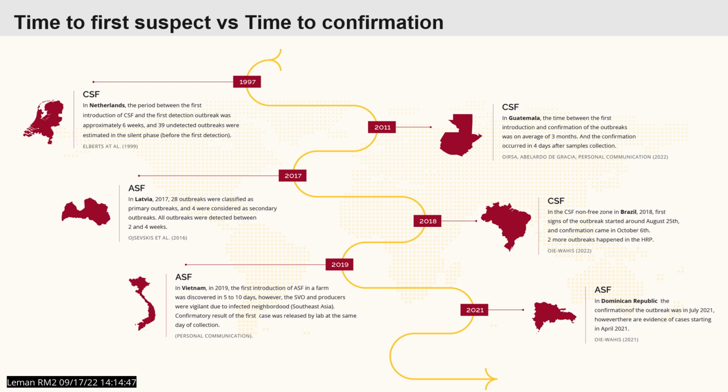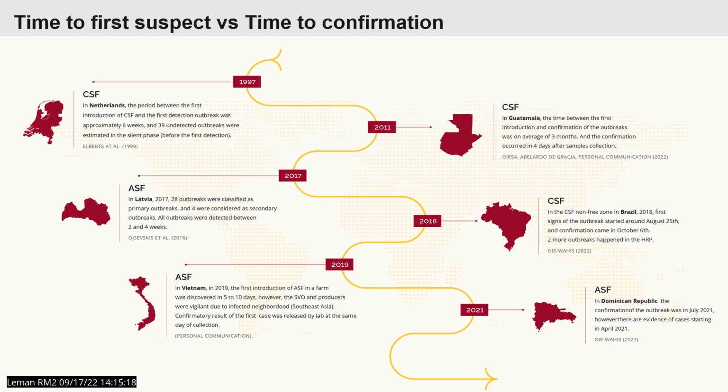So that's quite uncertain, and this is a busy slide, but basically what's showing is a number of examples for classical swine fever and African swine fever, in which the time between first introduction of the virus into a free country and first suspect typically will take anything between 3, 4, 5 weeks and a couple of months, with the most recent example in Hispaniola, in the Dominican Republic and Haiti, in which actually that time frame is quite uncertain.